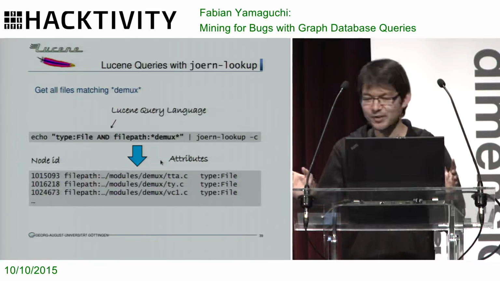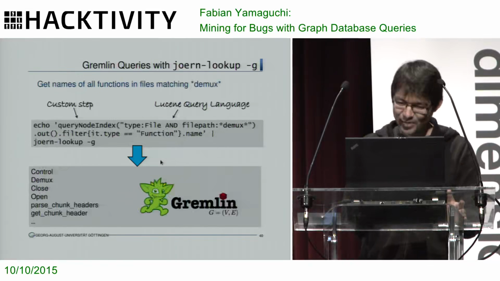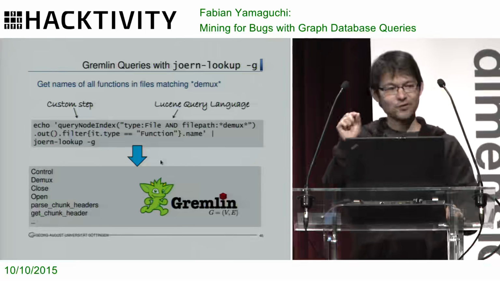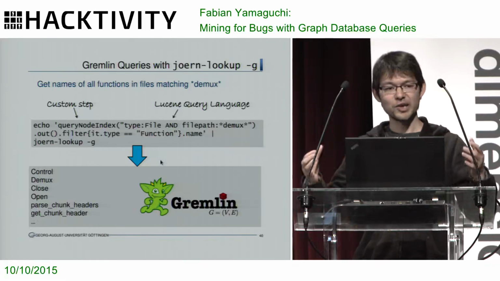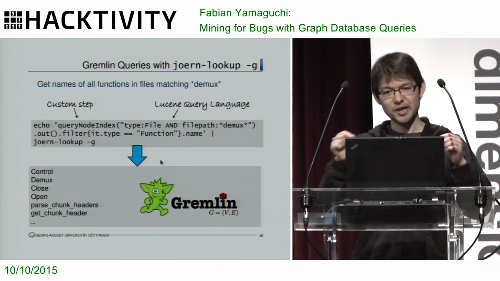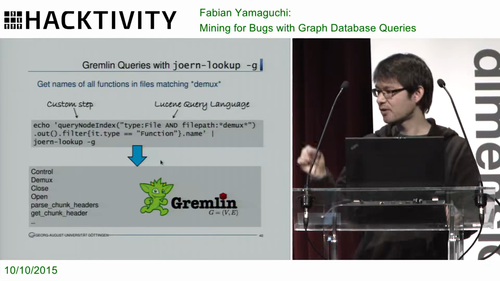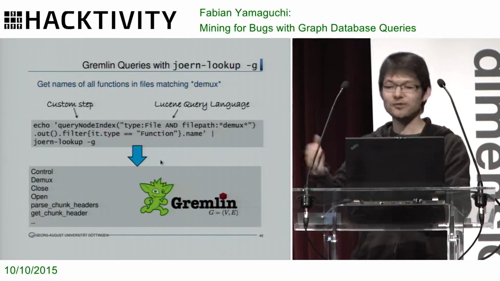Now you're probably thinking, okay, so why do I need this? I could just use find, right? So now comes the magic. The magic is that once you are at these file nodes, you can actually descend into the contents of these files, right? So the entire code base is just one huge graph, and you can transition between the different representations. You can transition from files to their content, you can transition from syntax trees to their control flow graphs, and so on.